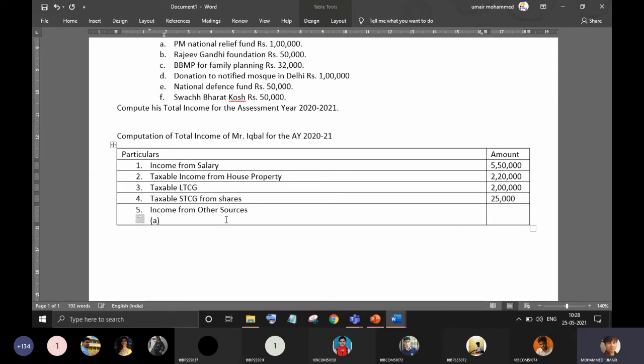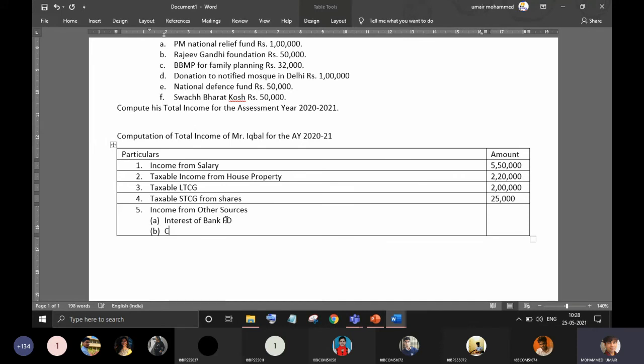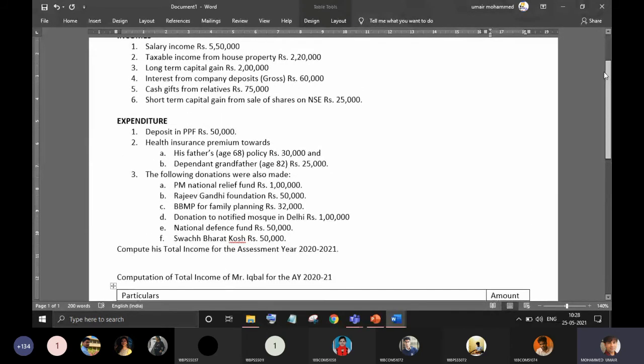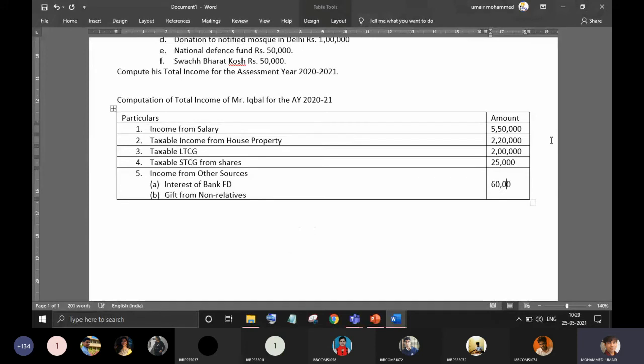So this we have interest on bank fixed deposit and also gift from non-relatives. The amounts are 60,000 and 75,000.